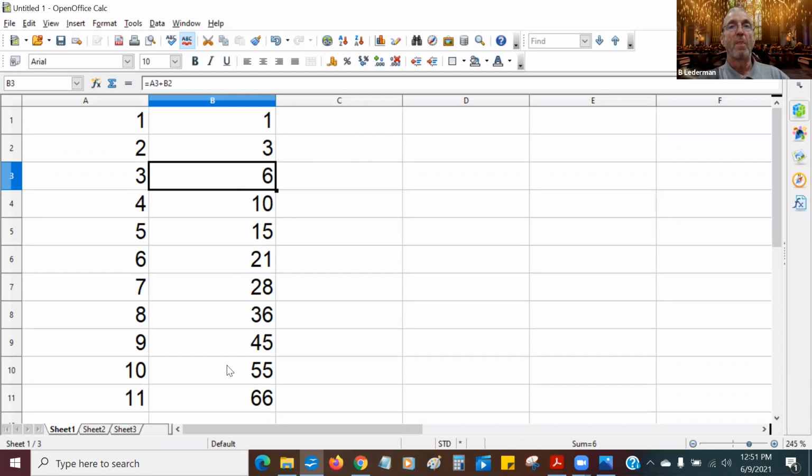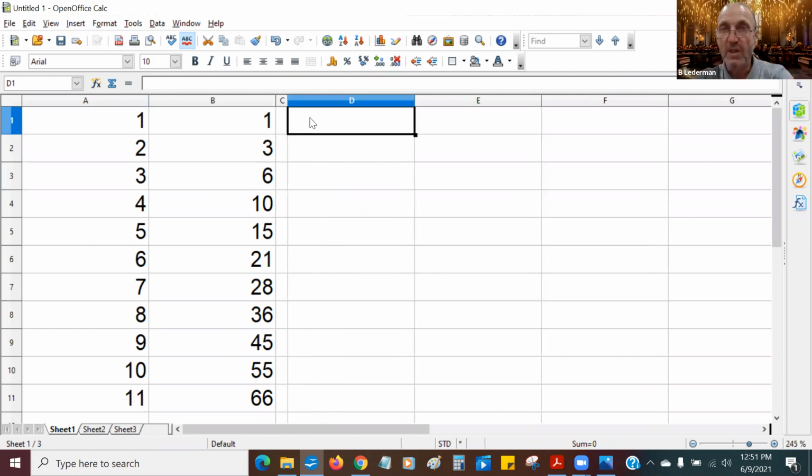So you have all these numbers here. Now what I want to do over here is look at this column and set it equal to this number right there times that number plus 1, and divided by 2.